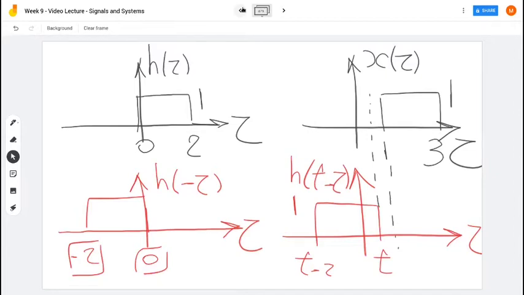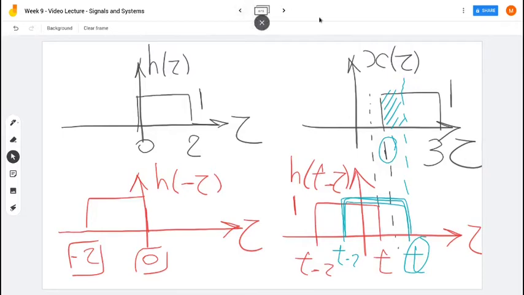The rectangular pulse we have over here will be shifted in this way. This will be the new value of t. This would be the new value of t minus 2. And now there will be some sort of overlap between tau equal to 1 up to tau equal to t. So the integration in this case will be from 1 up to t. And we're multiplying x of tau with h of t minus tau, which is 1 times 1.